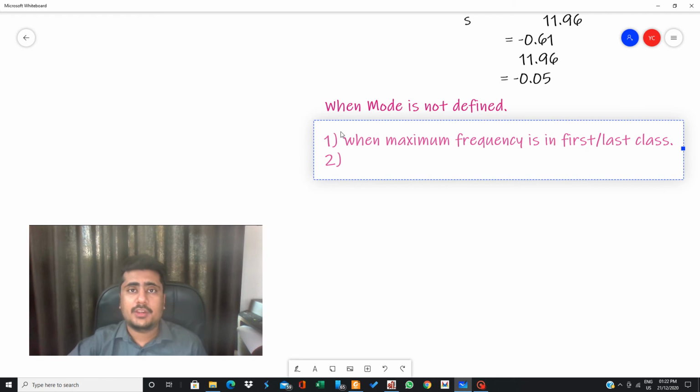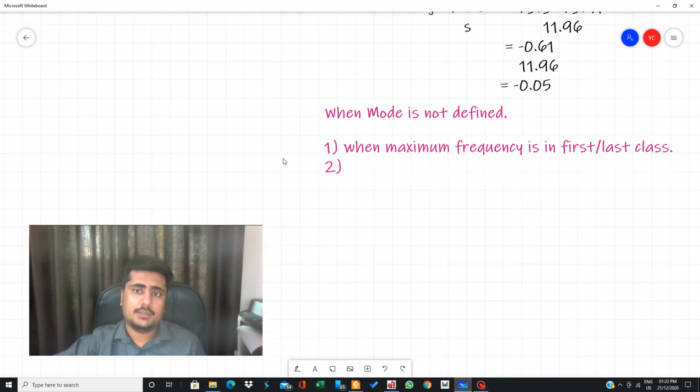When maximum frequency is in first or last class, mode is not defined. That means you cannot use the formula L plus Fm because Fm is maximum frequency. If you will keep that Fm in the very first class, then what will happen? You will not be having any F0 or F1. Got my point?